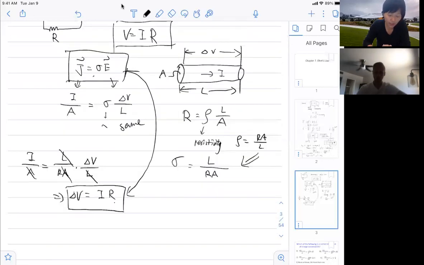Next, I want to say something about charge conservation. Charge conservation is a fundamental law of nature. It's just like any other conservation law. For example, let's recall what we talked about, conservation of energy.